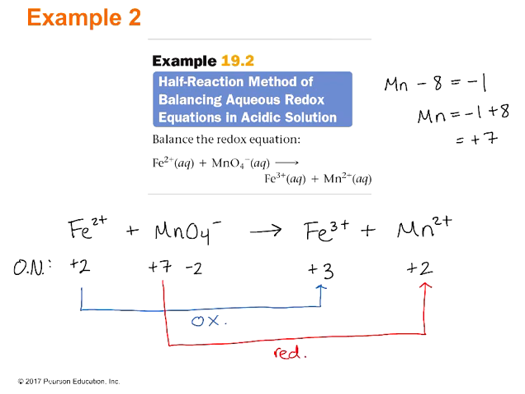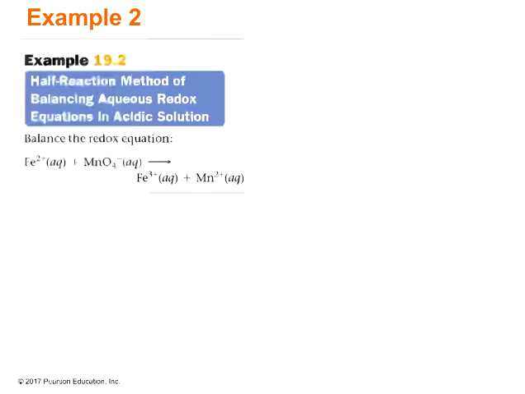So another way to think of this is manganese is becoming less positive, right? We went from plus 7 to plus 2. So it's less positive after the reaction, so it must have gained some negative charges, so it gained electrons. All right, so now we can write out the oxidation and reduction half reactions.